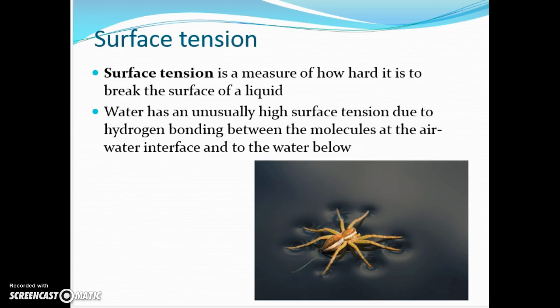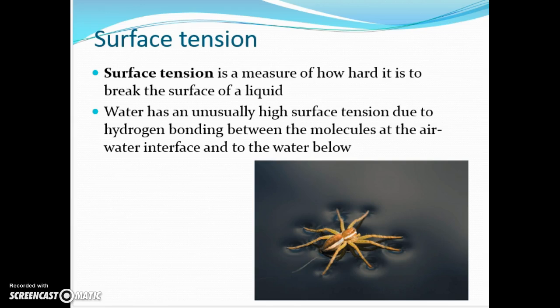So the next emergent property that we'll look at that again has to do with cohesion and adhesion is surface tension. The hydrogen bonding between water molecules is what allows surface tension to occur. Surface tension is that measure of how hard it is to break the surface of a liquid.